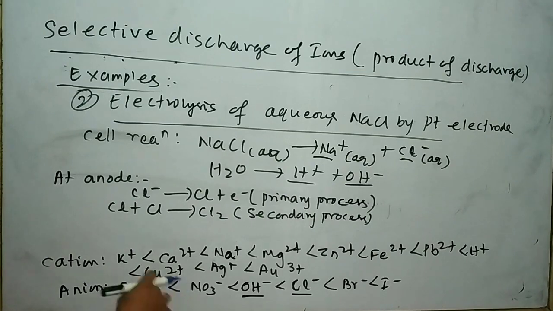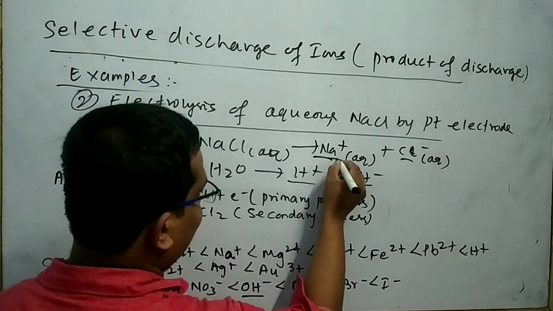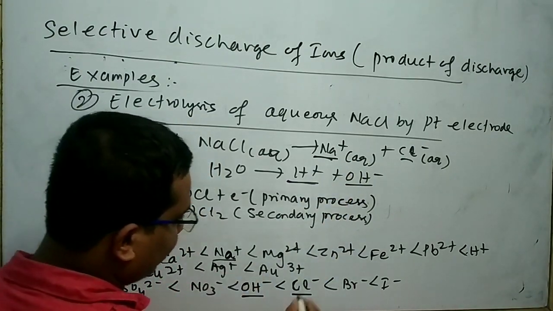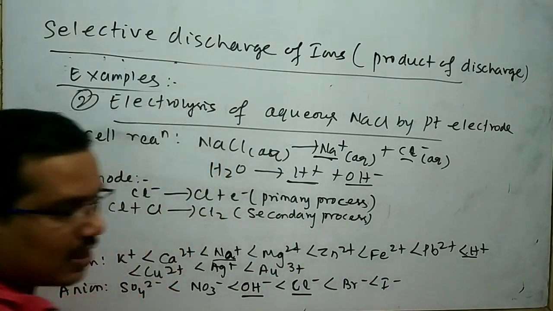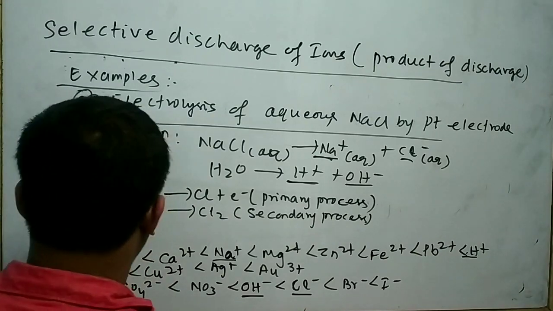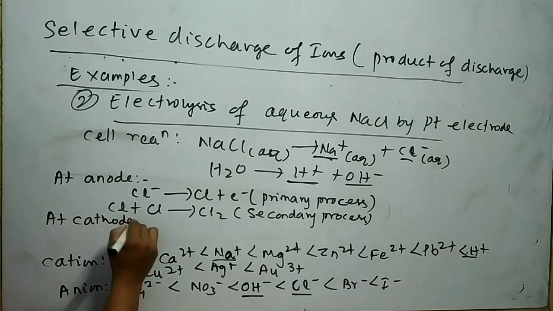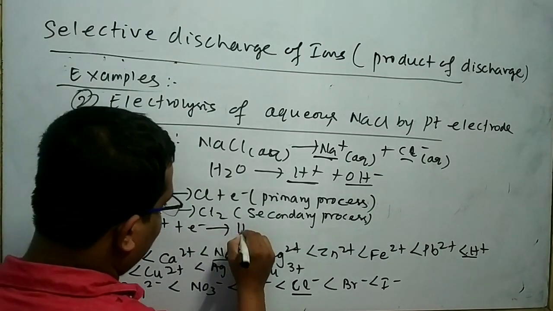Next, I will think about the cations. Two cations are present: one is Na⁺, another is H⁺. According to the order, H⁺ discharges first, because H⁺ has the least discharge potential. So at the cathode, H⁺ plus an electron gives hydrogen.